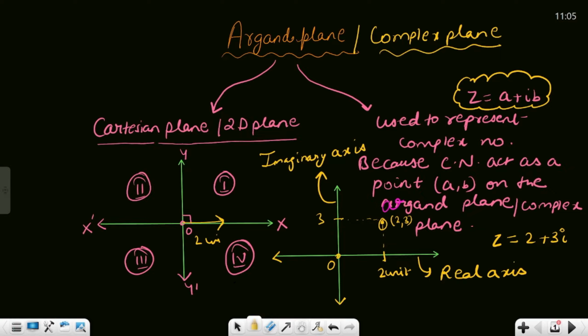So if I want to plot any point like 3 comma 0 or 2 comma 0, I can plot it in the Cartesian plane as well as in the Argand plane. No issue, totally the same thing, in the case of a real number only, where the imaginary part is 0. So this was the whole concept of the Argand plane, or complex plane.